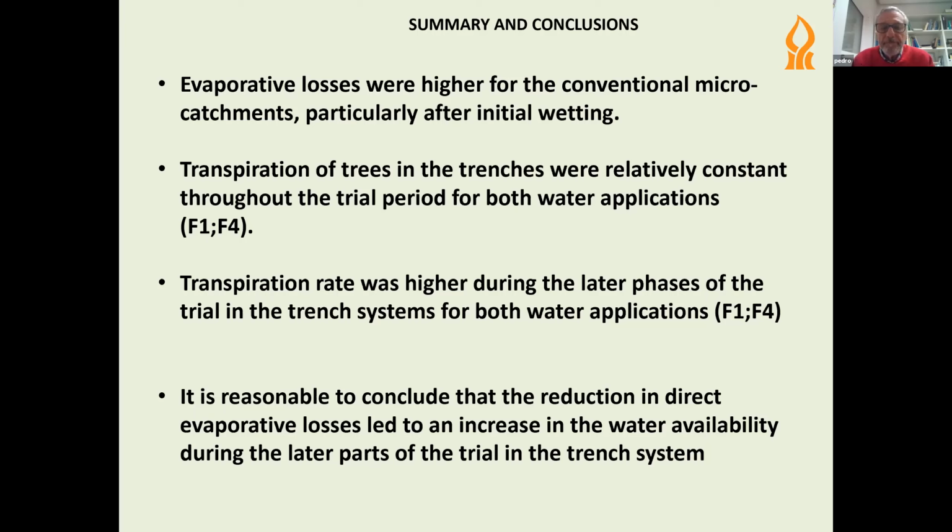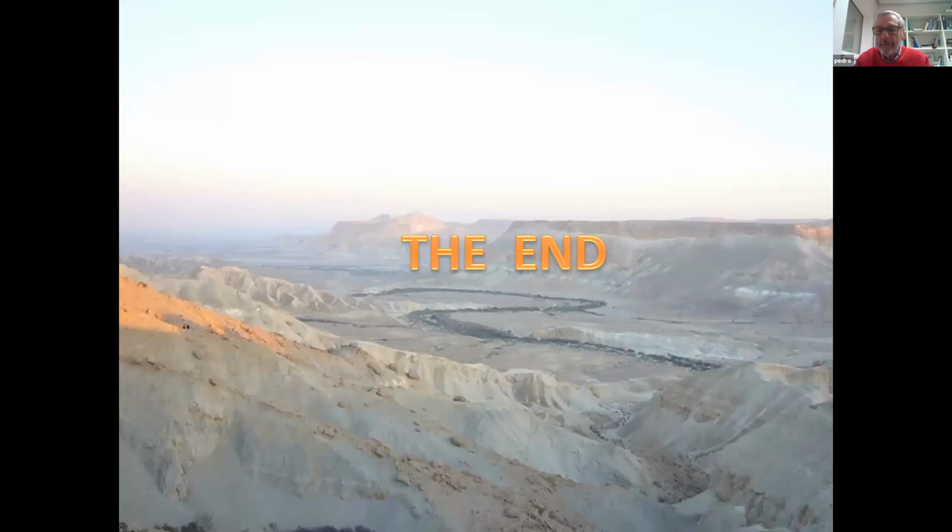The transpiration rate was higher during the later phases of the trial in the trench system for both water applications, and it is reasonable to conclude that the direction in the reduction in direct evaporation losses is due to an increase in the water availability in the later parts of the trial due to the decrease in the evaporation. That's all. Thanks.